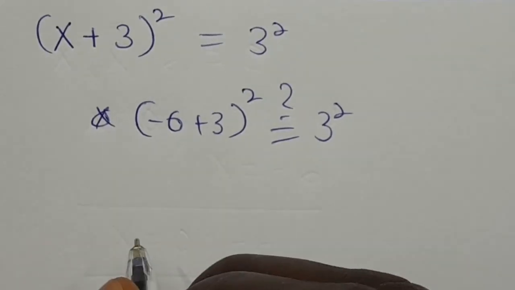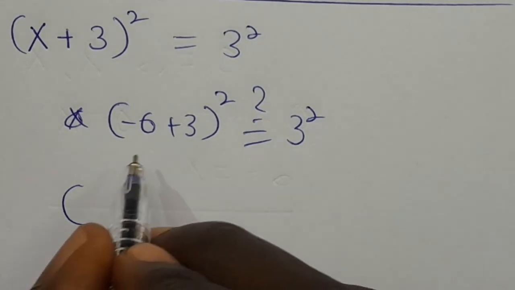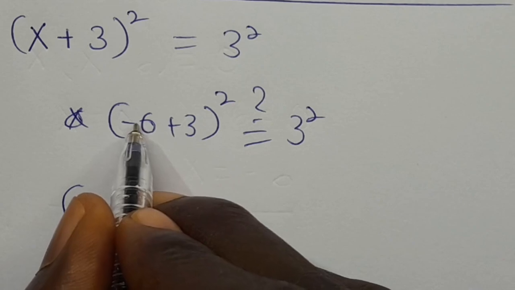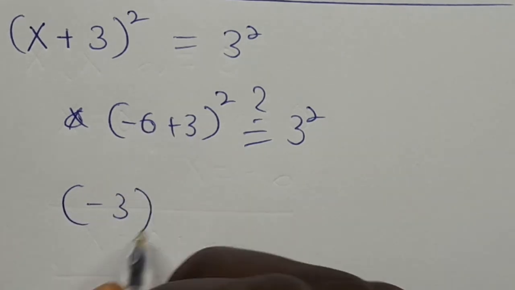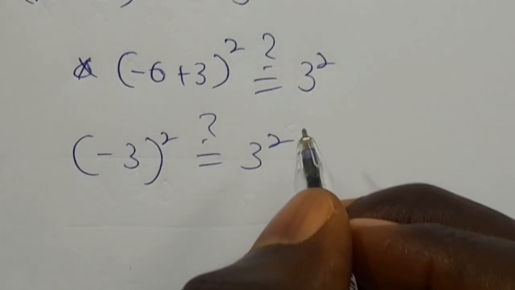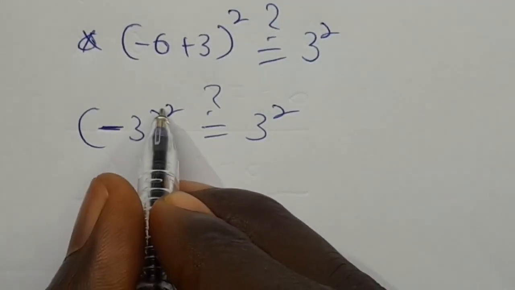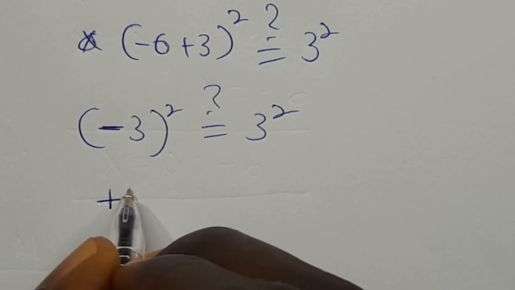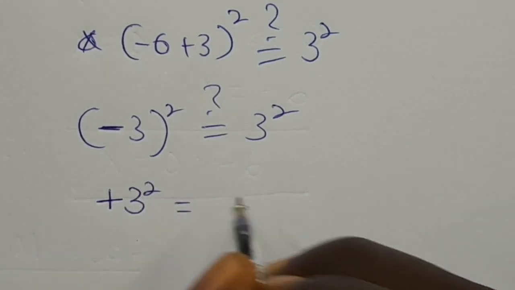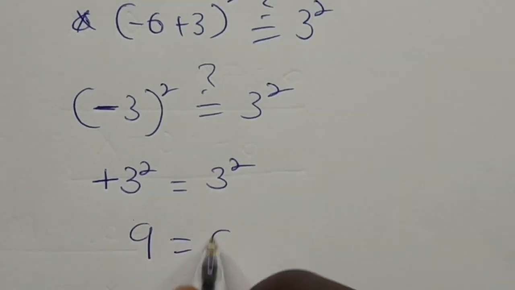Minus 6 plus 3 will give us minus 3, to the power of 2. This is to the power of an even number, so this will be plus 3 to the power of 2, which equals 3 to the power of 2. 9 will be equal to 9.